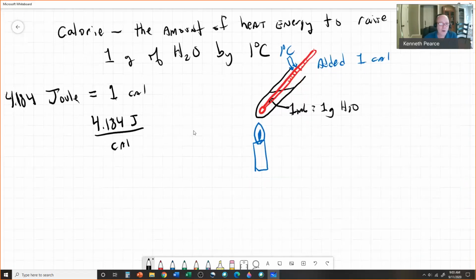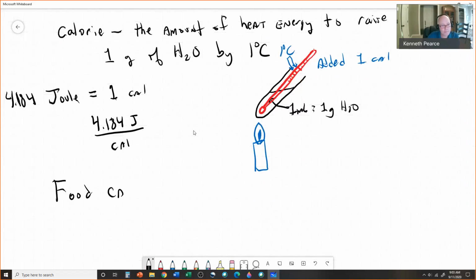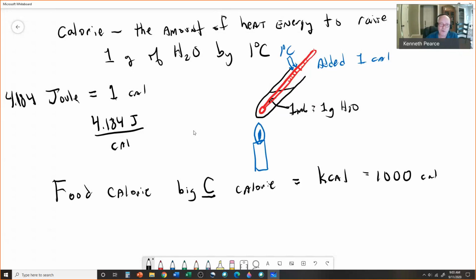Now, a food calorie, on the other hand, is what's called a big C calorie, as opposed to a little c calorie, which was the calorie definition, and that is a kcal, which is a kilocalorie, which means you have 1,000 little c calories. Now, I don't like to use big C for calories, but it's used in nutrition on labels for food.